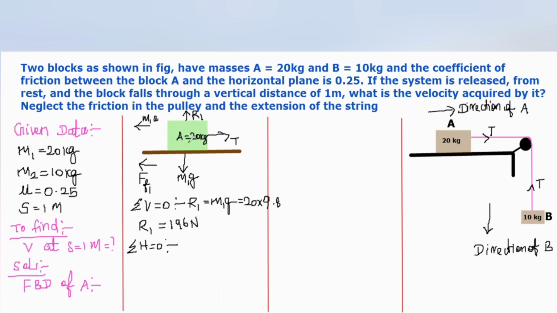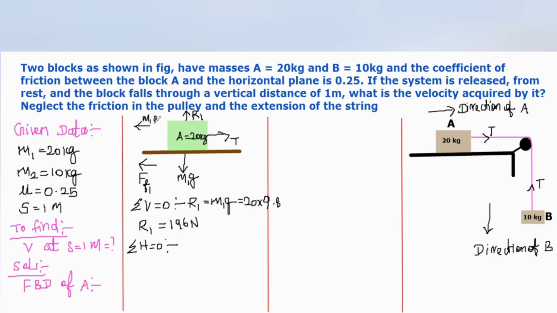Here, what are all the horizontal forces acting on object A? The tension is acting towards the right side, which is the direction of motion of A. The frictional force, opposite to the direction of motion, is towards the left side.